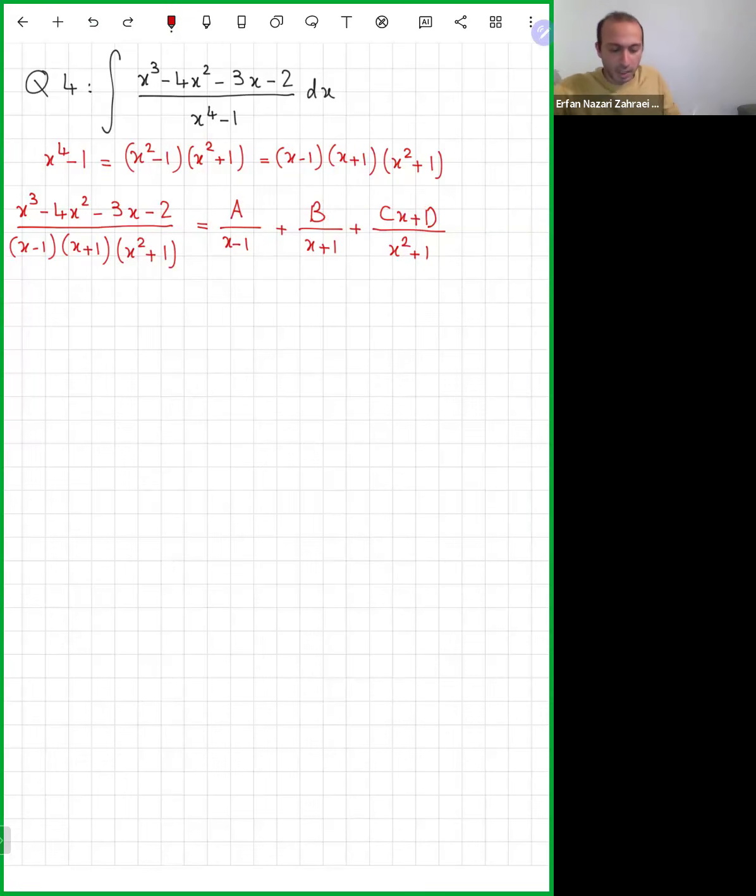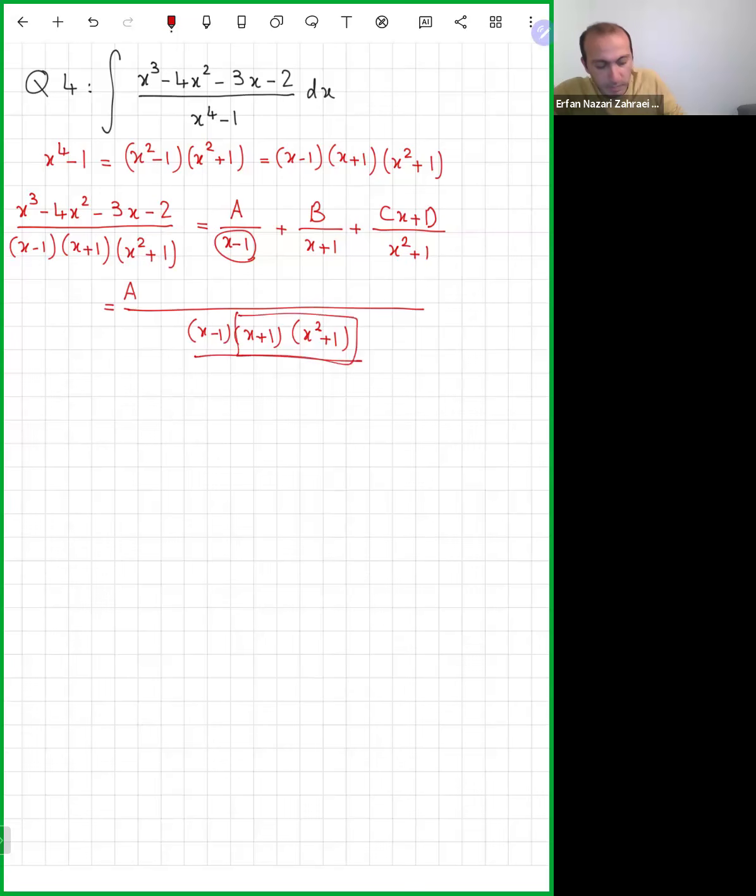To find the unknowns, I need to combine these into one fraction, like here. If I do that, the common denominator is just x minus 1 times x plus 1 times x squared plus 1, multiplying these by each other. Then for the first term, what's missing in the denominator compared to this? It's these two terms. So I need to multiply and divide by these two terms. I get a(x plus 1)(x squared plus 1).